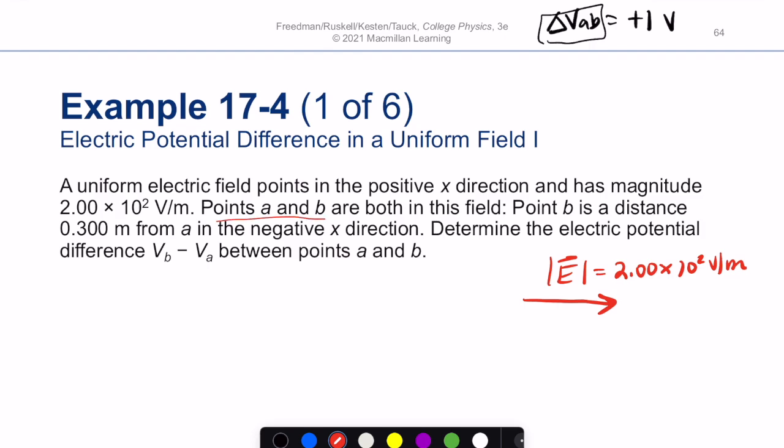So points A and B are both in the electric field. Point B is a distance 0.3 meters from A in the negative X direction. Okay? B is over here, A is over here, right? Because the negative X direction is to the left.